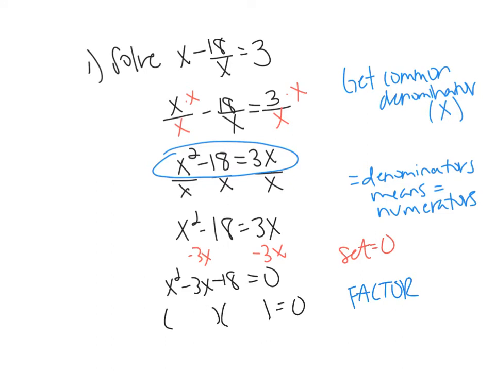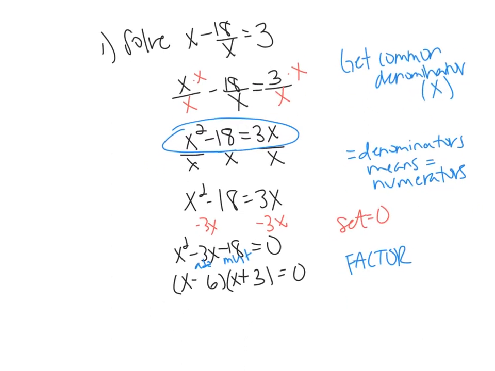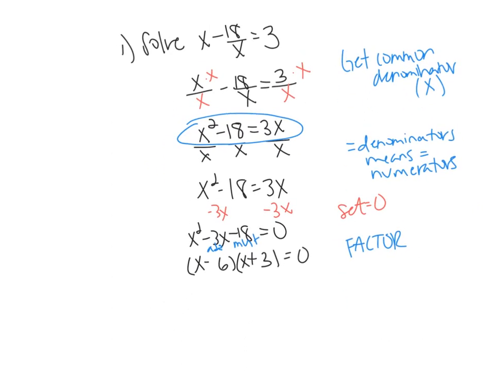We're looking for two numbers that multiply to negative 18 but add to negative 3. Ways to get 18 are 6 and 3. If I need a negative 3, that would be a negative 6 and a positive 3. So, zero property: if something multiplied times something equals 0, then x minus 6 equals 0 or x plus 3 equals 0. Solving for x by inverse operations, x would equal positive 6 and x would equal negative 3.